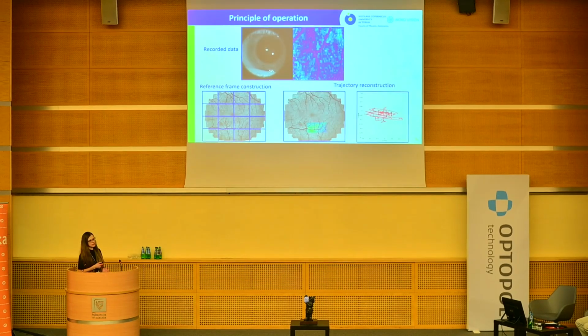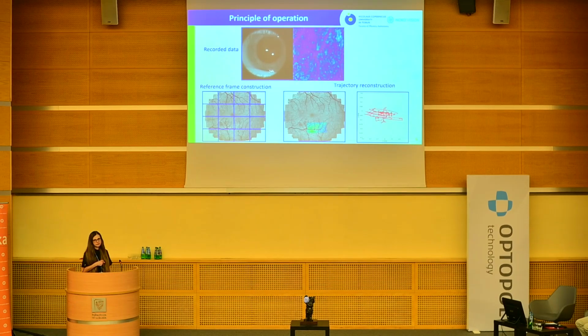Next, when the patient performs a visual task, we only use a small part of the retina, which we can choose as we want. And then in the process of trajectory reconstruction, we match this small area for each frame to the big picture, and we know how the eye position changed. What is very important, our device doesn't require any calibration.